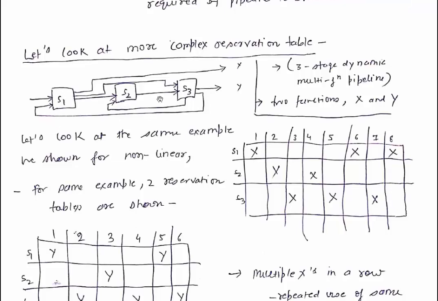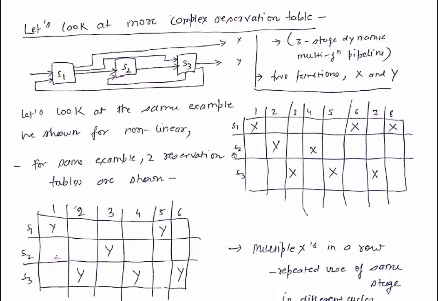For this pipeline you can make a reservation table, which is shown here. There can be 2 reservation tables. Here I have taken a sequence of 6 stages, and here I have taken a sequence of 8 stages.